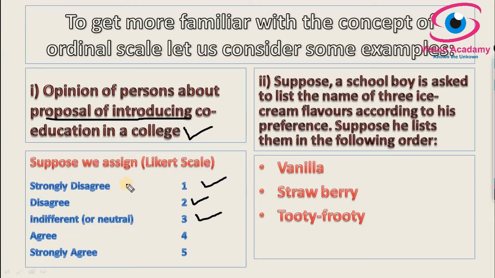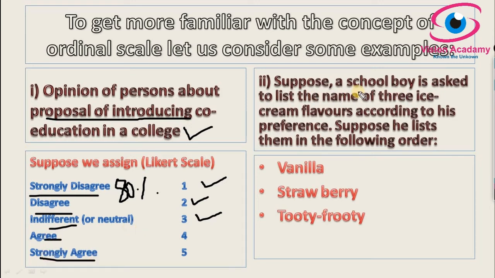This is possible because, of the whole respondent population, 80% of the respondents opted for the first preference, that is strongly disagree. Based on that I can say strongly disagree is greater than the others. But the actual difference between strongly disagree and disagree, indifferent, agree, strongly agree is not possible in the ordinal scale.